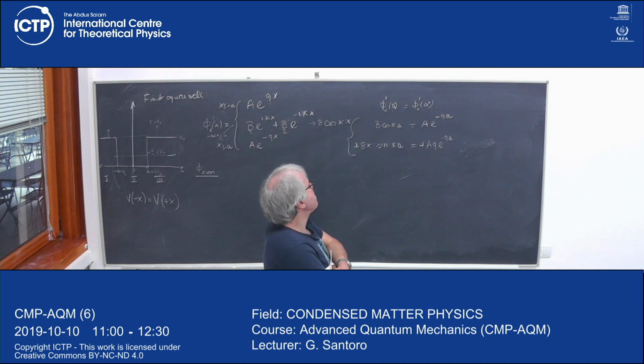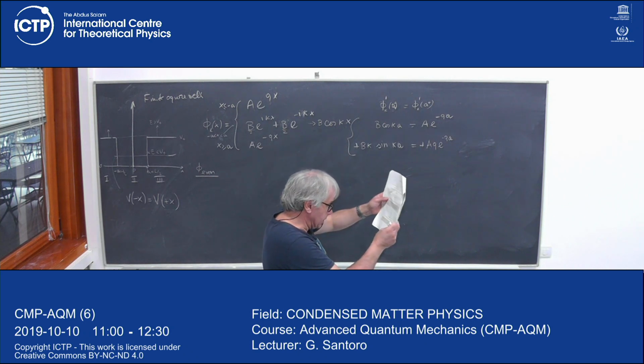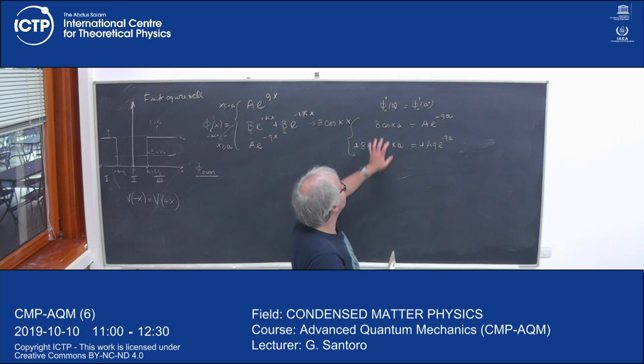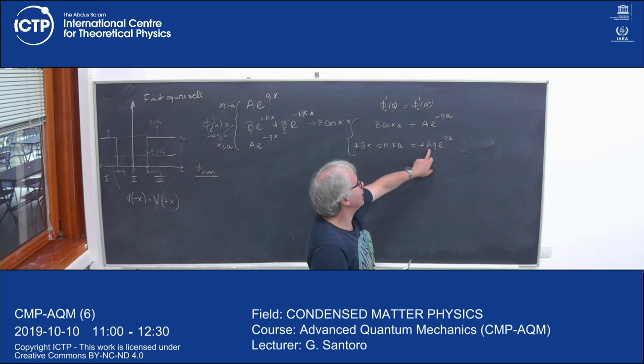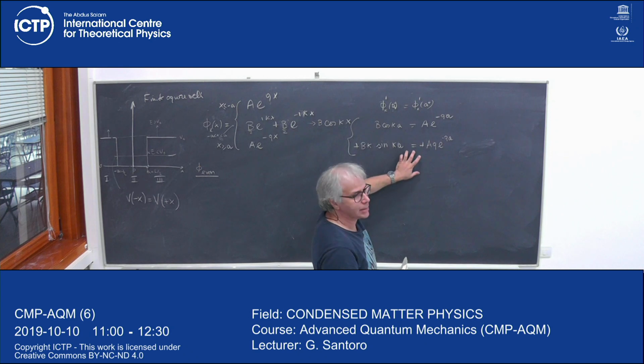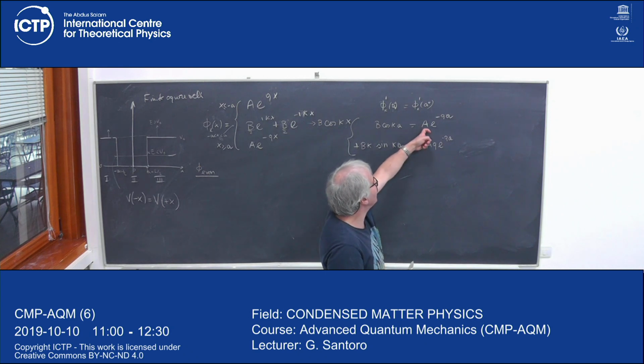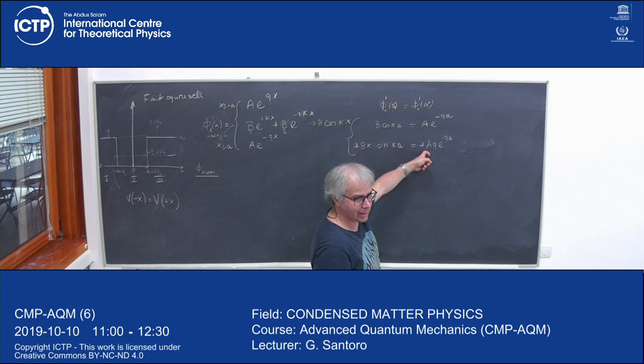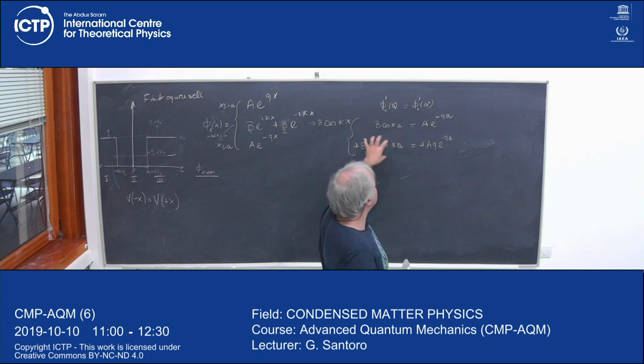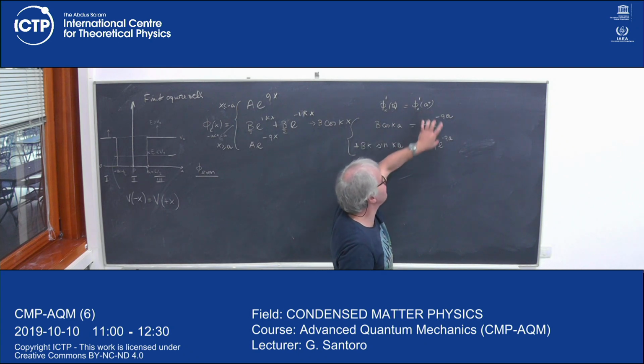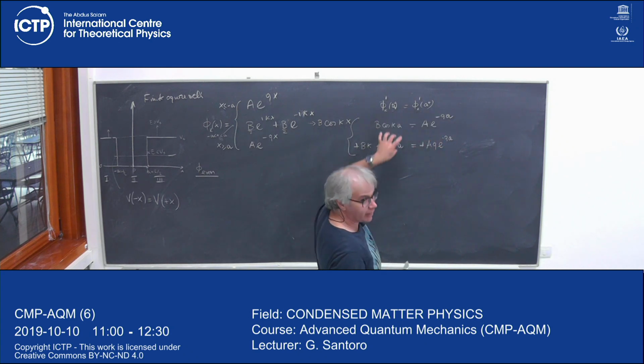Well, in fact, it's even better. I have these two equalities. Let's take, in fact, the ratio of the upper equation divided by the lower equation. Is it clear? This equal to that, and this equal to that. So this divided by that is equal to this divided by that.